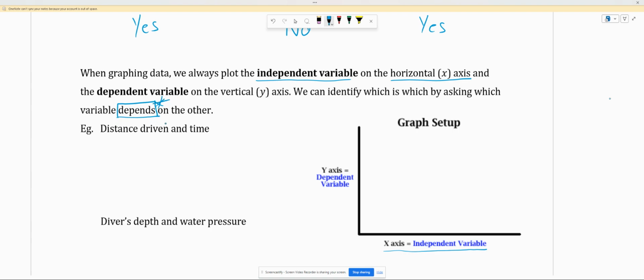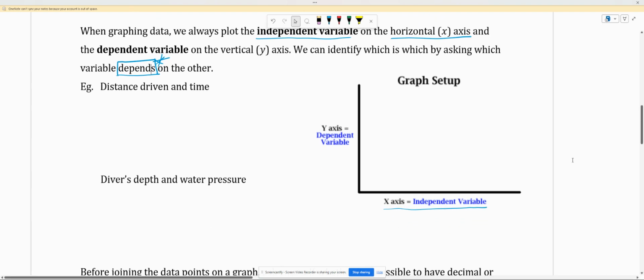So we're first going to think of it. What if I was graphing distance driven and time? Now, I'm going to say two sentences, and one of them is going to make much more sense than the other. Does the distance driven depend on the amount of time you've been driving? That's sentence number one. Or does the amount of time depend on the distance driven?